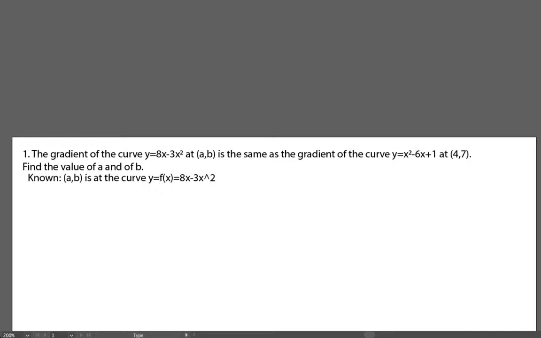Second thing that we know is that (4, 7) should be on the second curve, but you can just plug the numbers in, and you should get the correct answer, which is 16. Wait, what? Gradient of the curve. Wait.